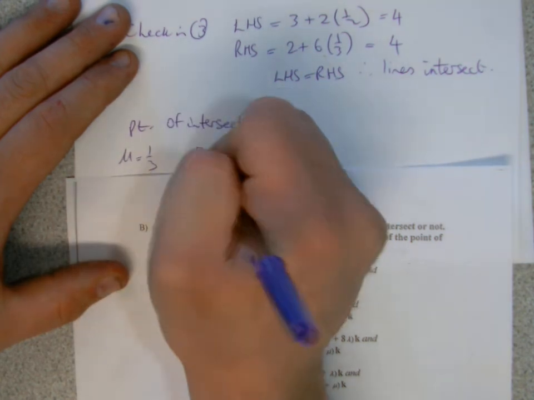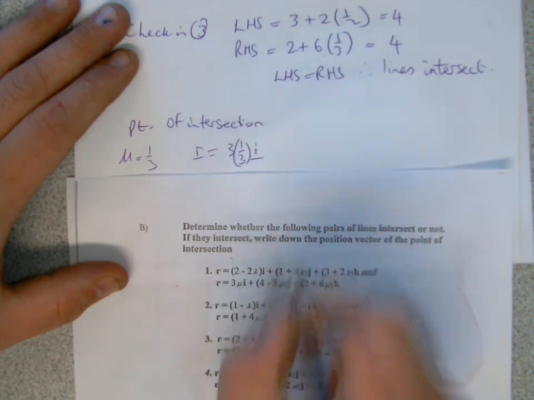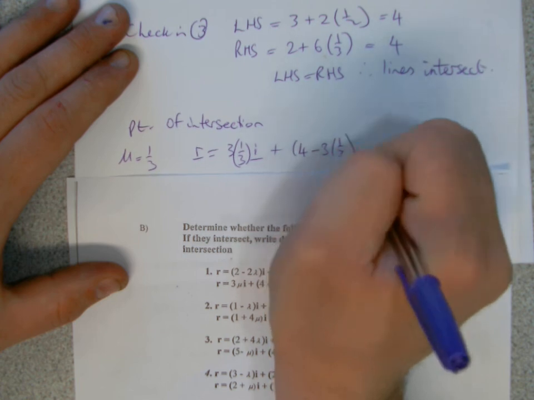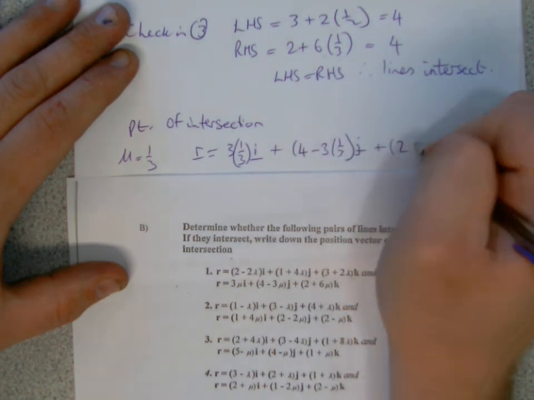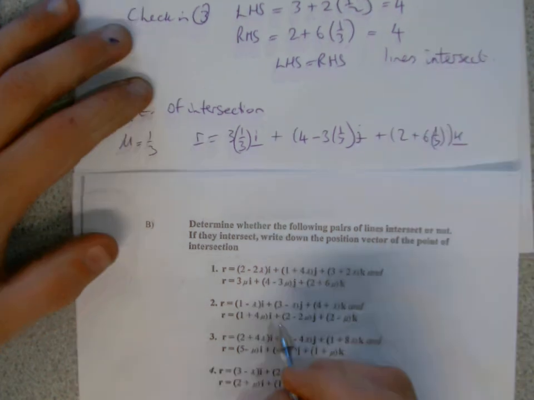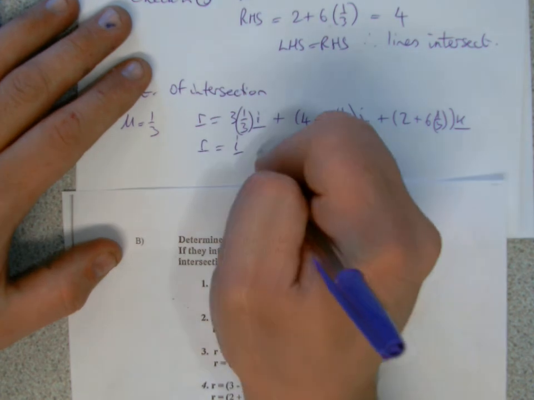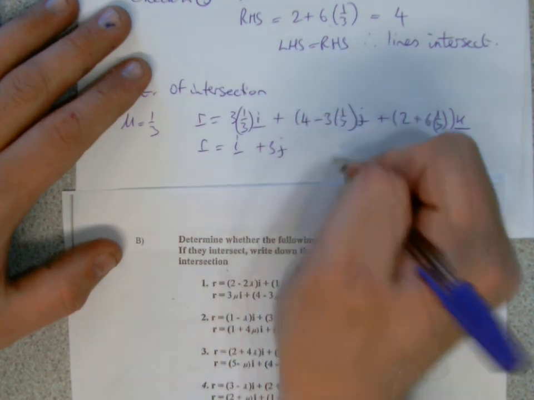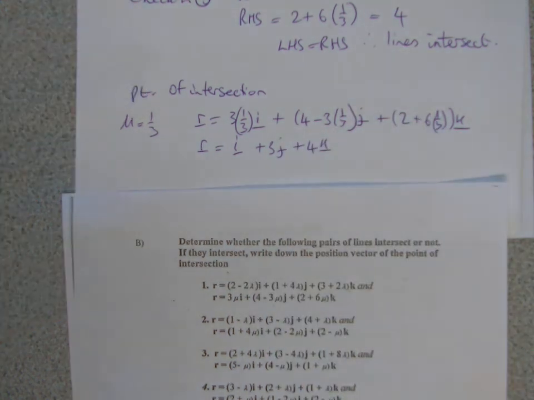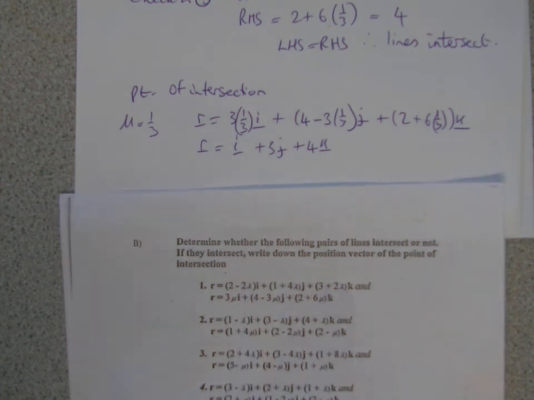Then r equals 3 times a third i, plus 4 take away 3 times a third j, plus 2 plus 6 times a third k. You can work all that out on your calculator and you will get i plus 3j plus 4k, I believe. If you put lambda, which is a half, in the first one, you'd come up with the exact same point of intersection.